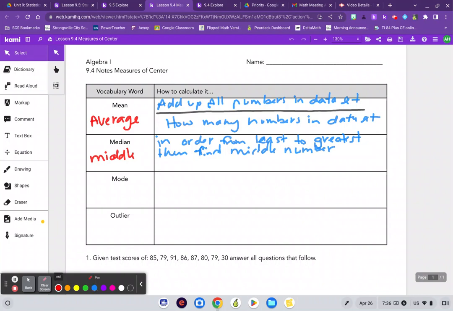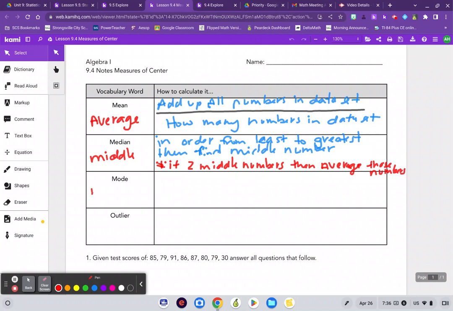Sometimes there is no middle number, okay? And so if there are two middle numbers, we're going to average those numbers. So I'm going to say if two middle numbers, then average those numbers to find what is in the middle, okay?